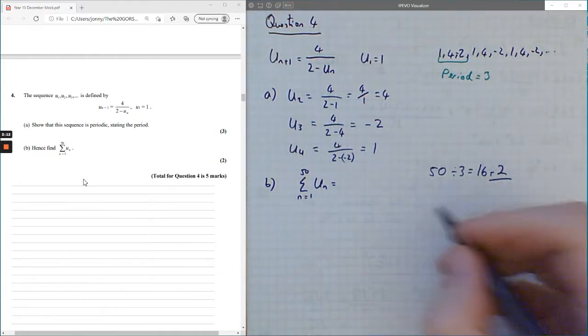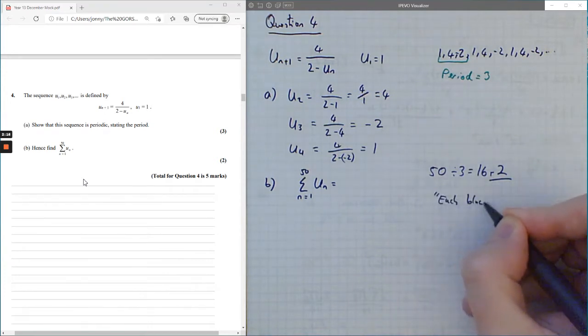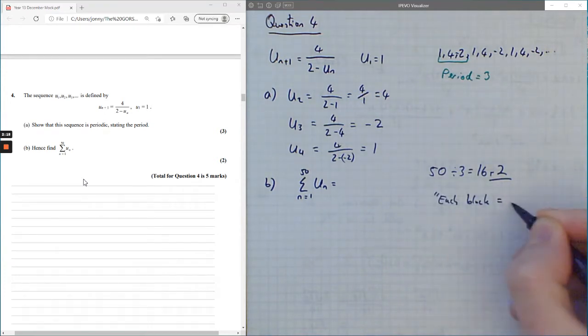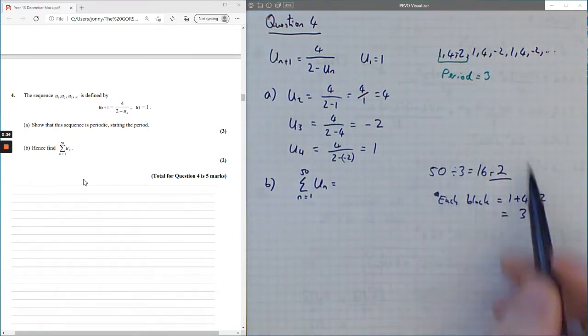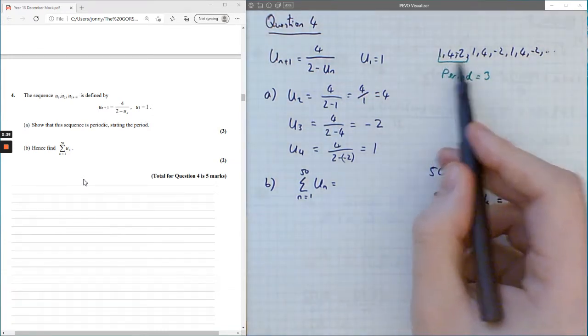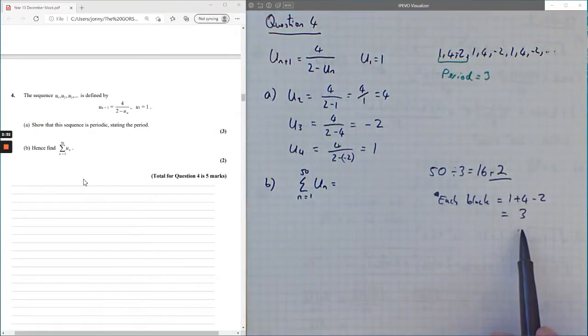So each block would be equal to 1 plus 4 minus 2, which is 3. Okay? So every block of 3 terms in a row represents 3, because when you add 1 plus 4 and then subtract 2, you get back to 3.